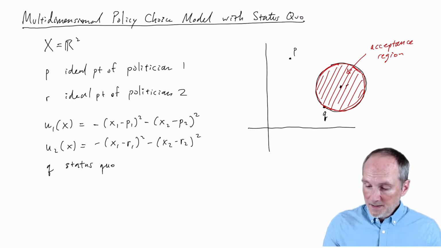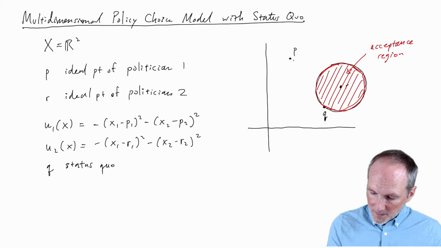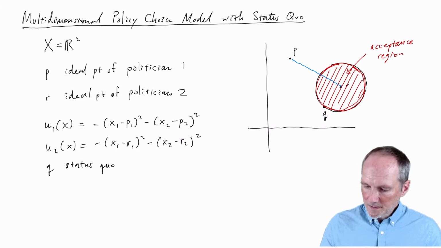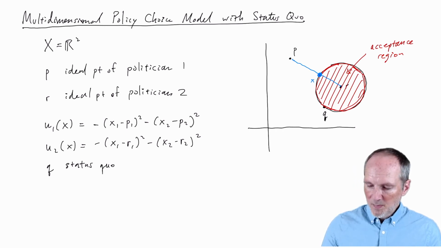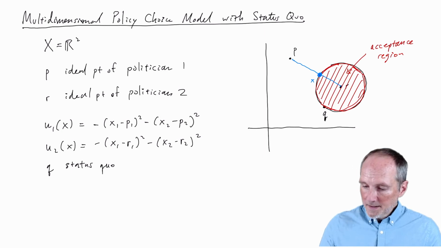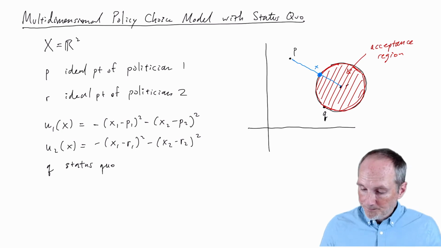That's actually pretty easy to see. If I draw this line between the two ideal points, the closest thing in that acceptance region to politician 1's ideal point is this policy X right here. That will be the optimal choice of politician 1.